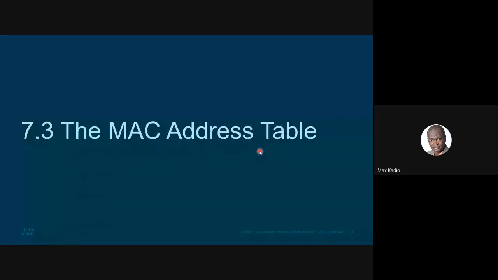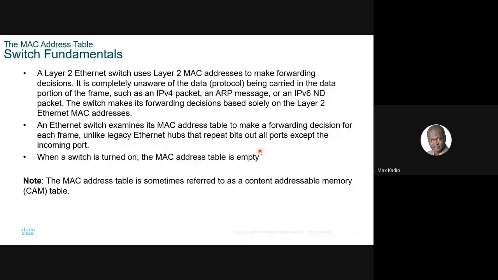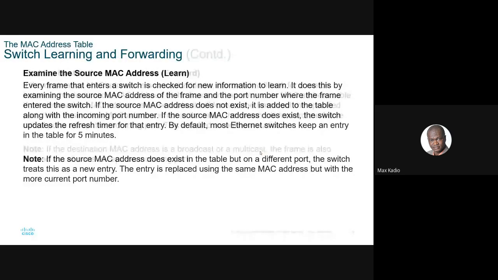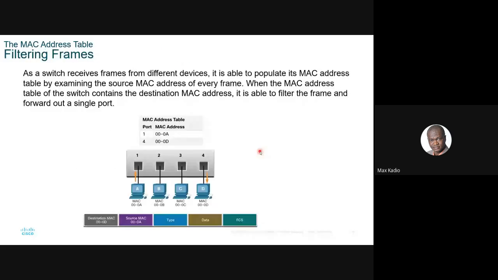Okay, MAC address table, you know now. I did explain. If you have a switch, per port it's going to record the MAC address of the PC that is connected to that port. You see port 1, 000A, it's the MAC address of that PC.